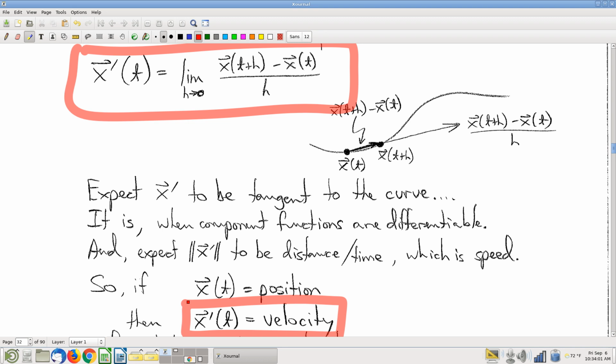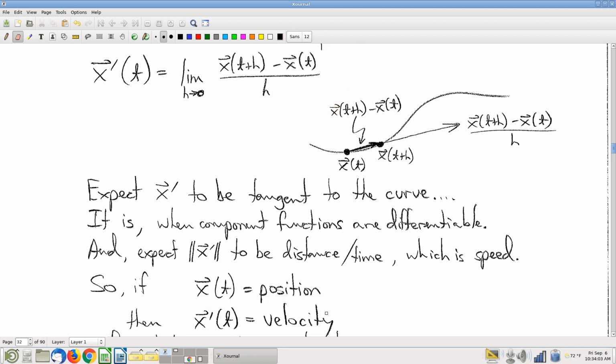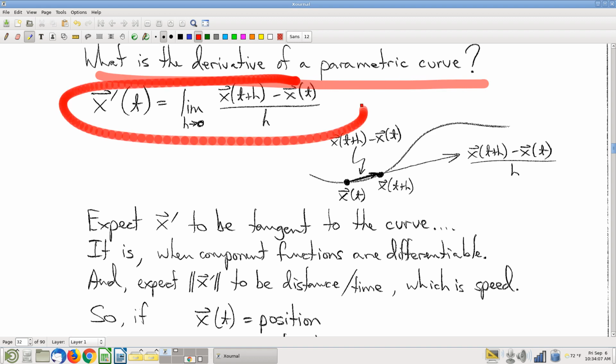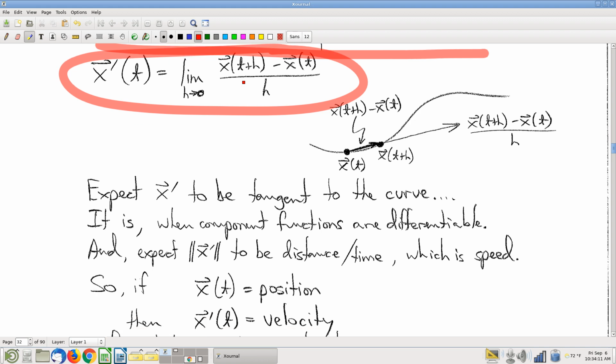Okay. So, we've got a great answer then to the question, right? What's the derivative of a parametric curve? Why can I write this down and it's not just symbolic nonsense? Because it gives us a crazy important, crazy familiar construction, velocity. That's why this is our definition of a derivative of a parametric curve.